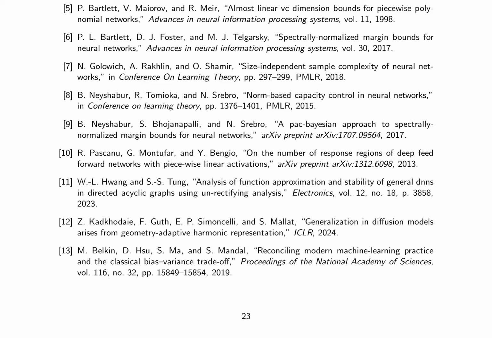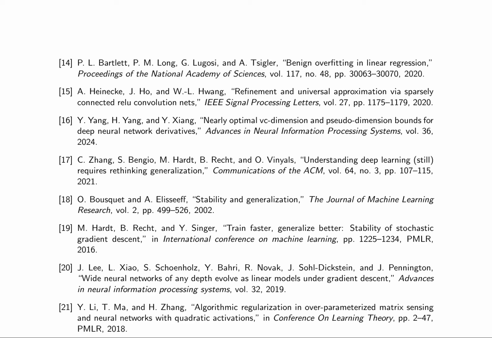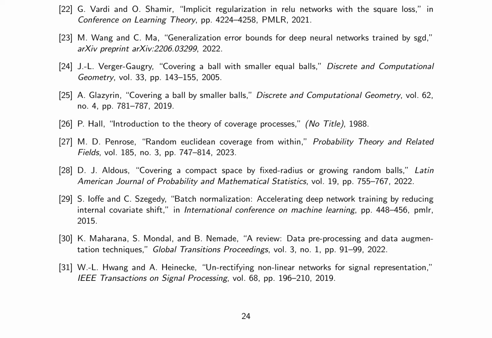They also reference works on VC dimension, pseudo-dimension, and margin bounds for neural networks. The study aims to reconcile modern machine learning practices with the classical bias-variance trade-off. It emphasizes the importance of understanding generalization in deep learning, discussing stability, algorithmic regularization, and the role of over-parameterization. The authors also touch on data preprocessing and augmentation techniques, highlighting their significance in modern machine learning.